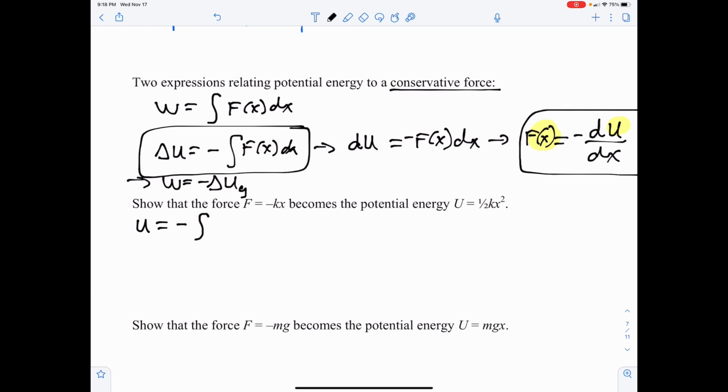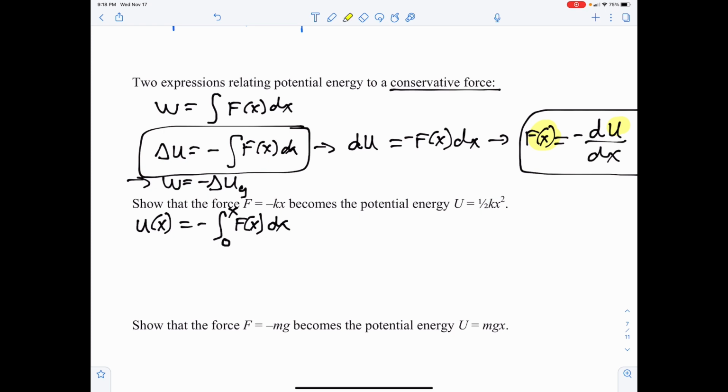I could write it U of x is equal to the negative integral of the force function dx, and I'm going to do this from 0 to x, meaning from not stretching the spring at all to some random stretch, any stretch.